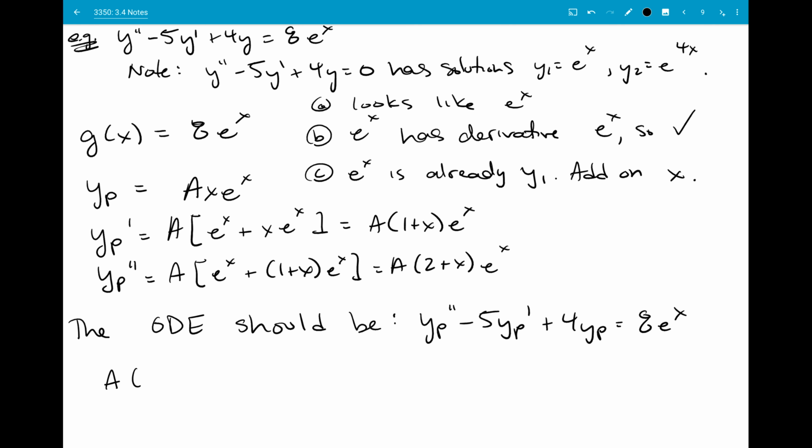So it's going to be a times 2 plus x e to the x minus 5 times a times 1 plus x e to the x plus 4 times ax e to the x, all equal to 8 e to the x.